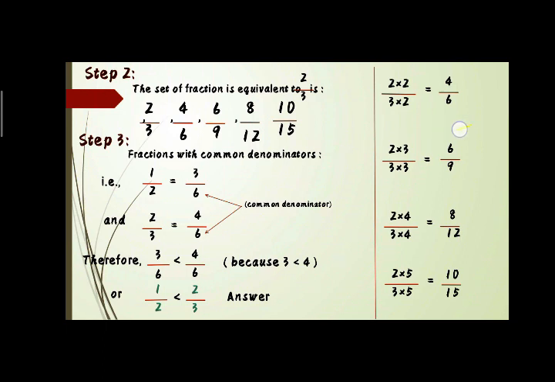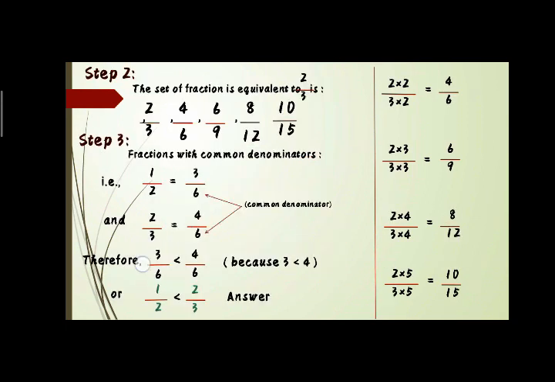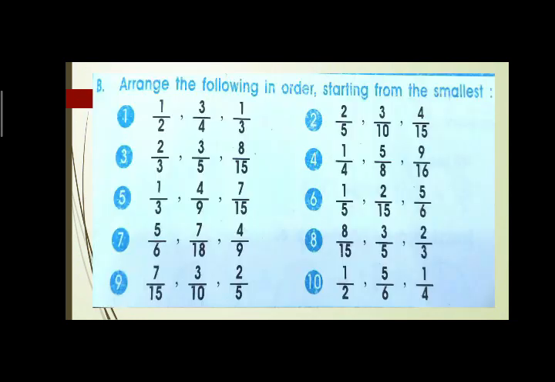Now compare. Their common denominators are 6 and 6. 1 upon 2 is equal to 3 upon 6 in the first step. And look at this step: 2 upon 3 is equal to 4 upon 6. Yes, it is also an equivalent fraction.